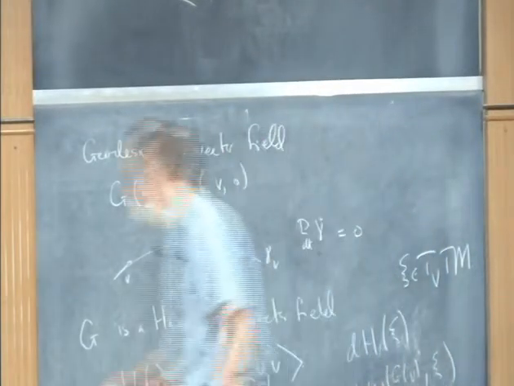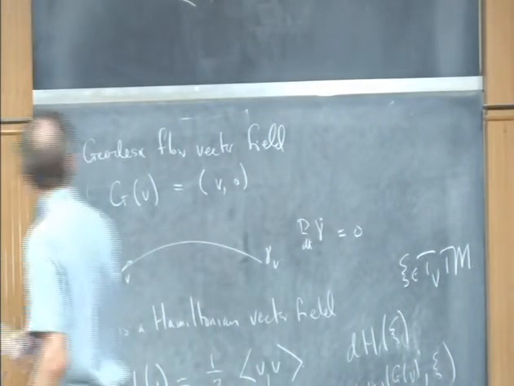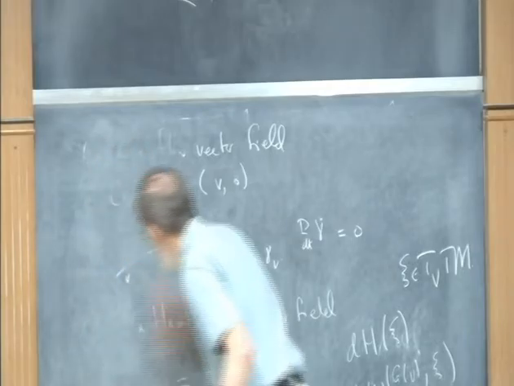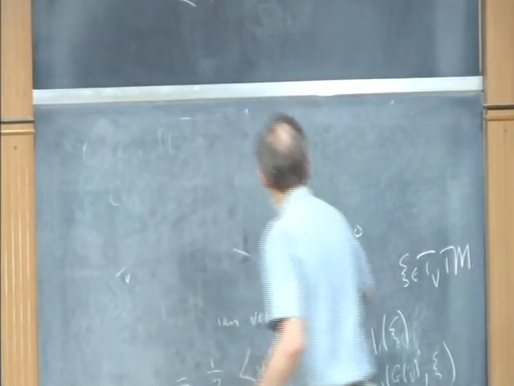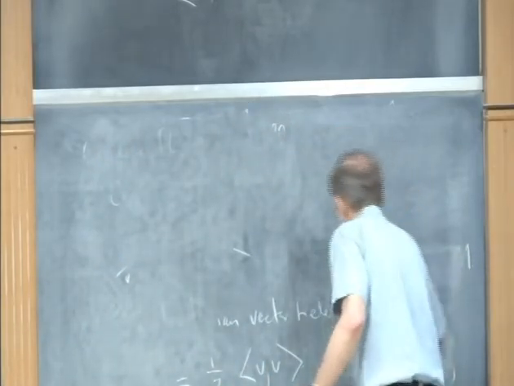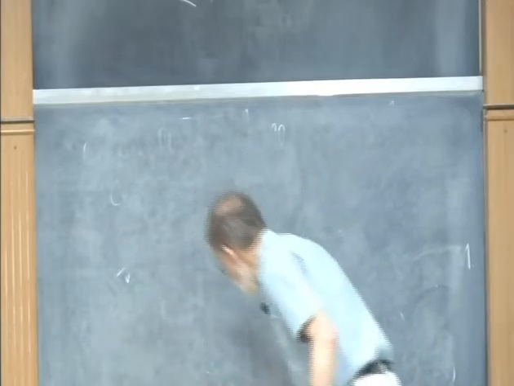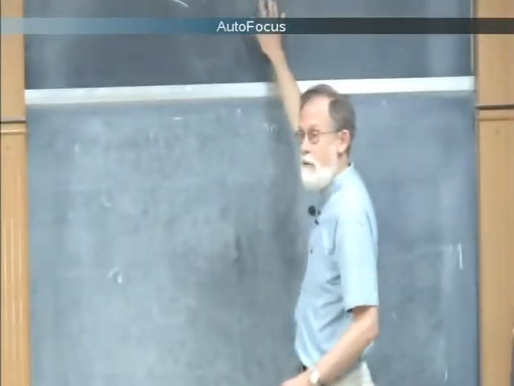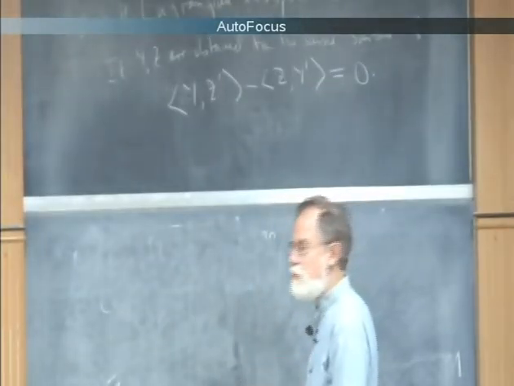And given that you've got this shape operator and it's symmetric, it's immediately obvious that you get 0.